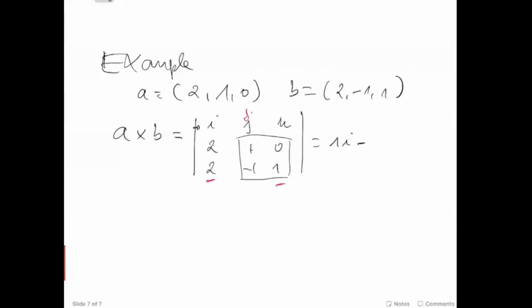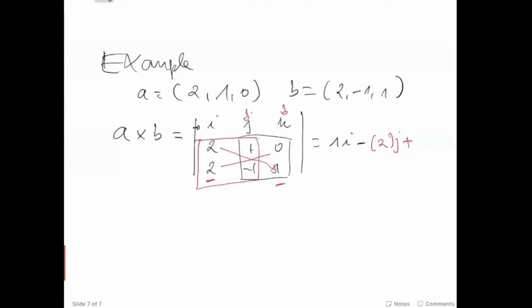That will be 2 times 1, which is 2, minus 2 times 0, which is 0, J, plus, if we now have the K, we have this box here.